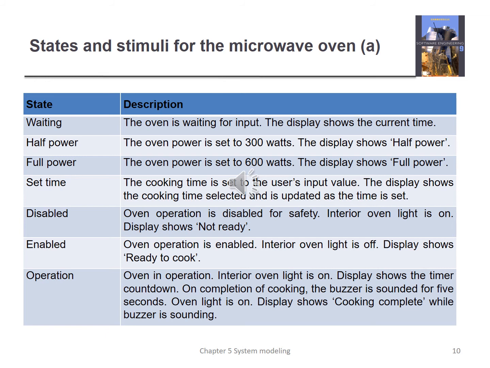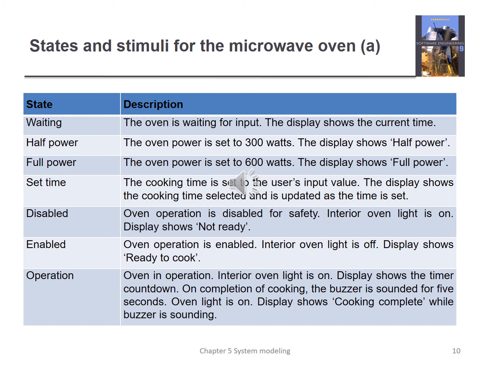You see when you set the time, it is like recursive; you put the seconds, 100, as we said. Then the disable state: oven operation is disabled, like a safety precaution, as we said. It's not ready because the door is open, whatever. Then enable: the door is closed, the time is set, and it's ready to go.